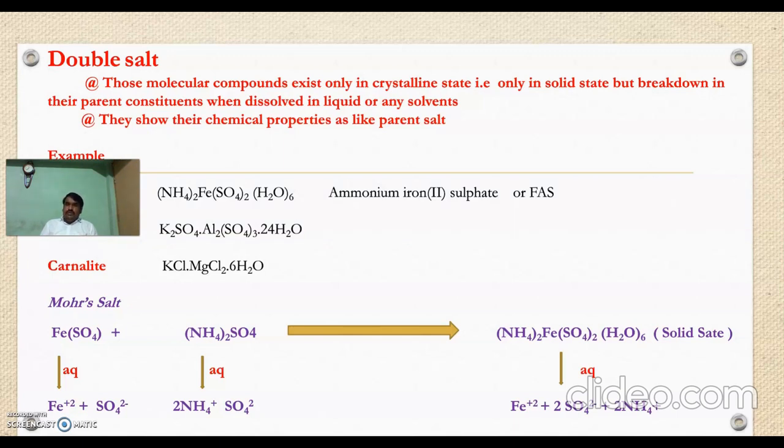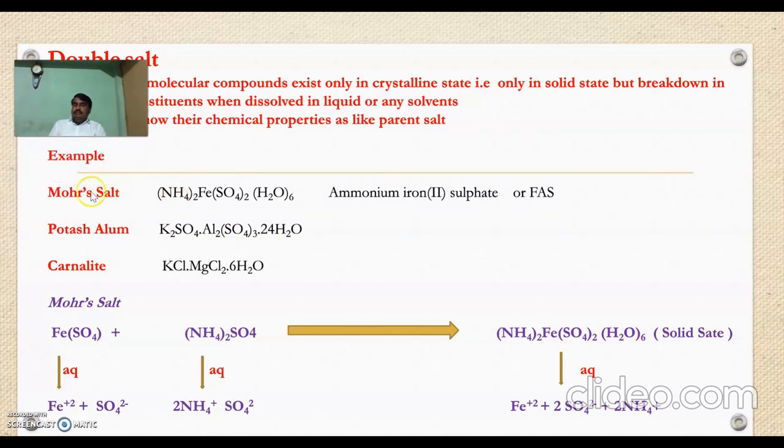They show their chemical properties like the parent salt. For example, the first example is Mohr salt, also called FAS, ferrous ammonium sulfate or ammonium iron(II) sulfate. Another example is potash alum. The third example is carnallite.